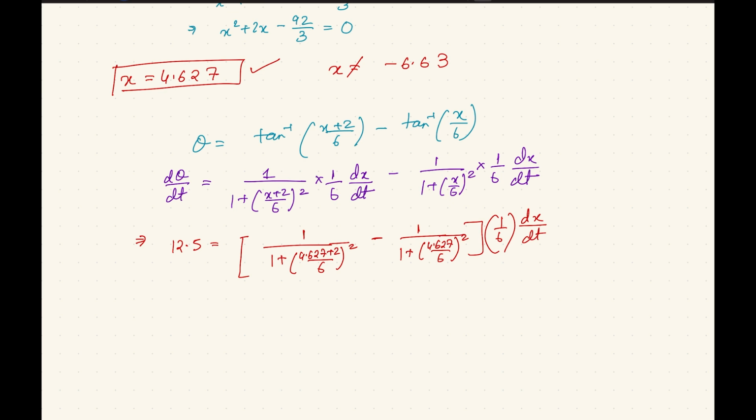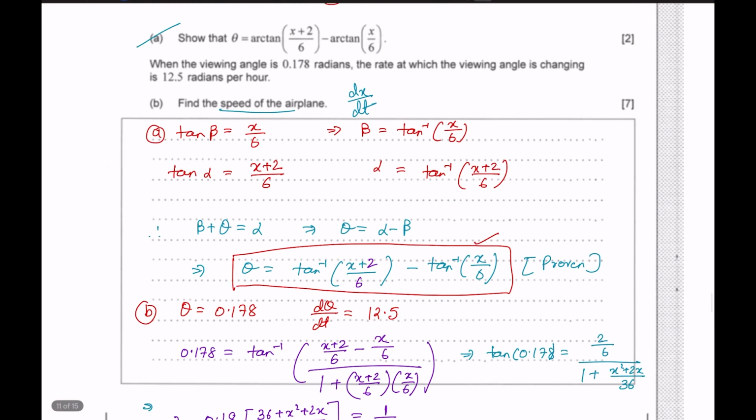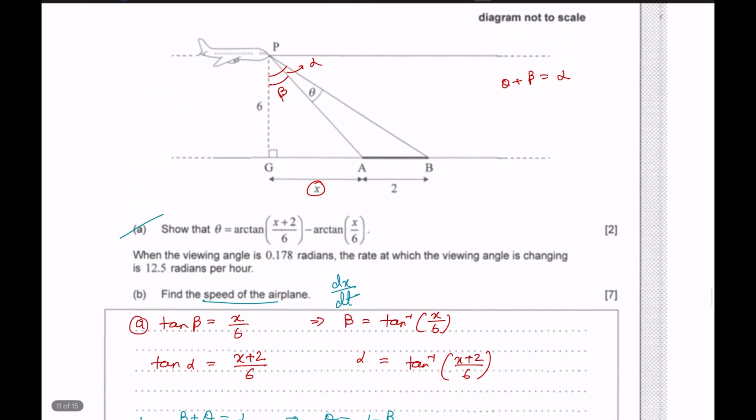Okay, now I'll quickly plug this in my calculator. First one, I'm getting 2.22. And for the second one, I'm getting 1.595. The thing is, as this airplane approaches, this theta will increase.